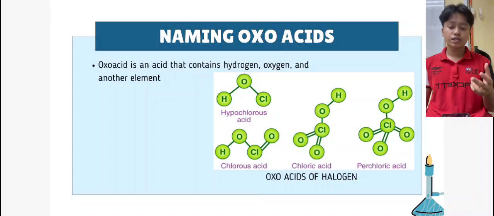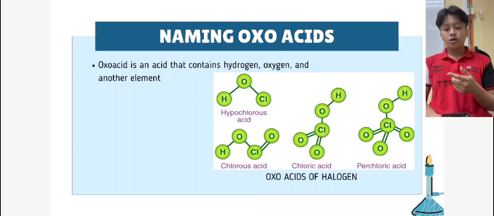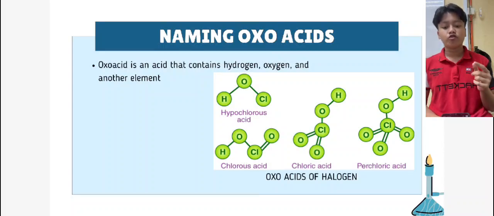An -ic acid is the acid that contains more oxygen. An -ous acid is one that contains fewer oxygen atoms.